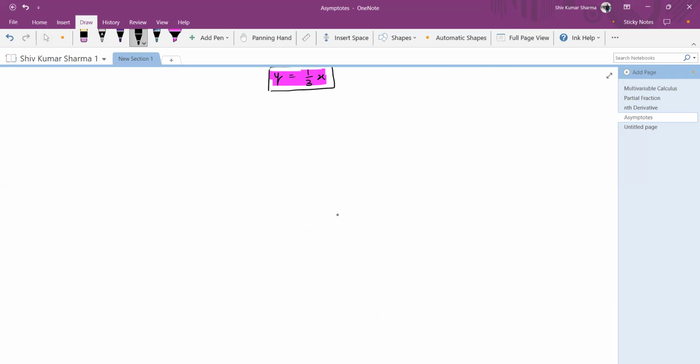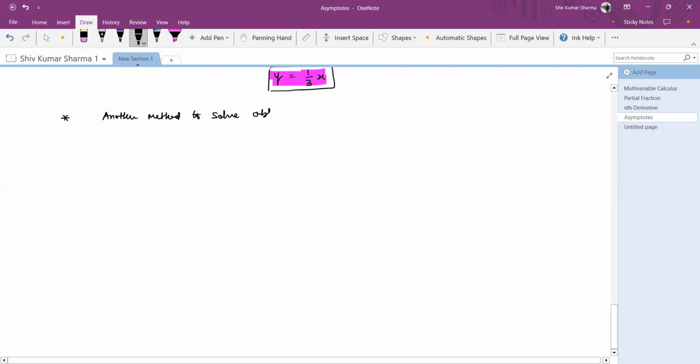So we discuss this second method, another method to solve oblique asymptotes.